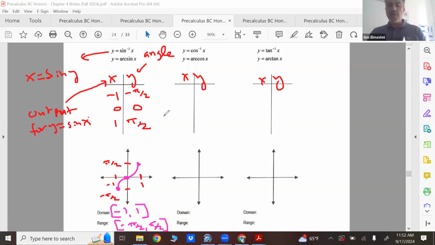Let's do the same thing for cosine. Remember cosine, we went from 0 to pi. And that's 1, negative 1, and 0. Remember 1 and negative 1 were the outputs for cosine? Now they're the inputs.